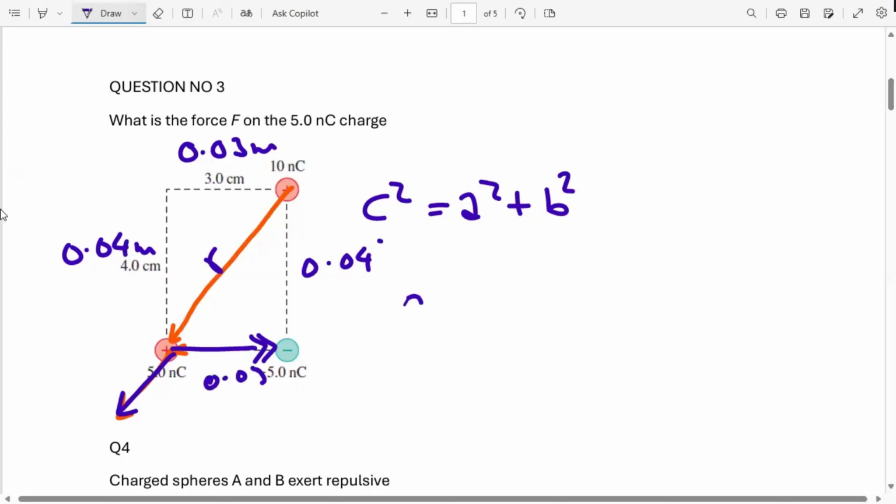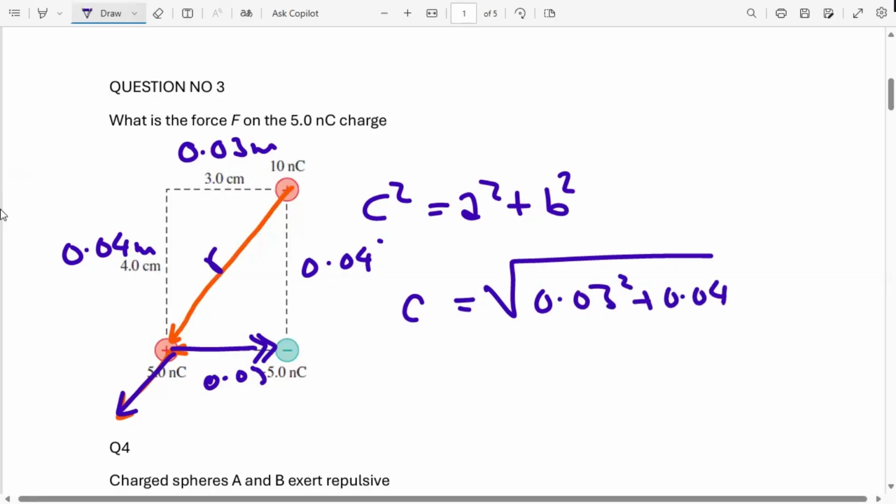So I'm going to say my c, which is the hypotenuse, will be equal to the square root of 0.03 squared plus 0.04 squared. Let me just plug this into my calculator, and I'm getting a total distance of 0.05 meters.